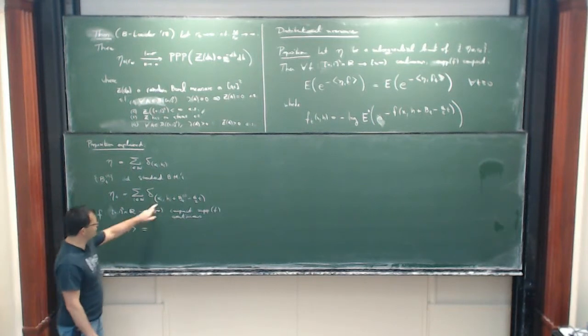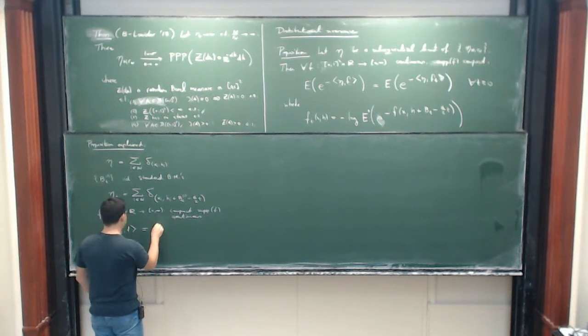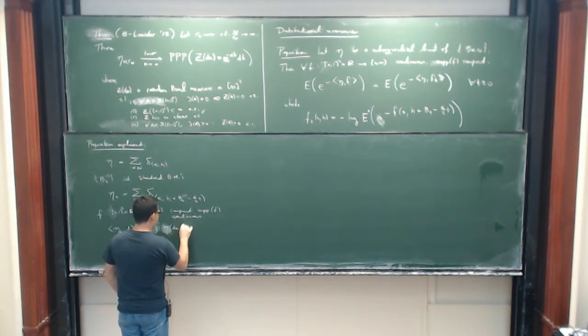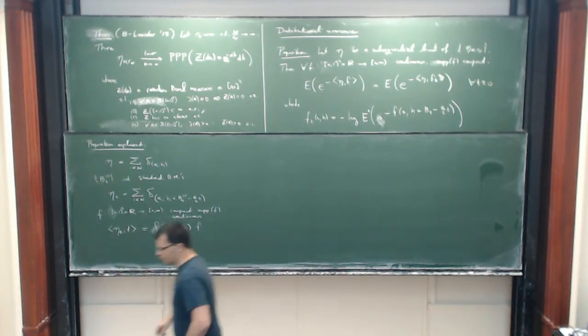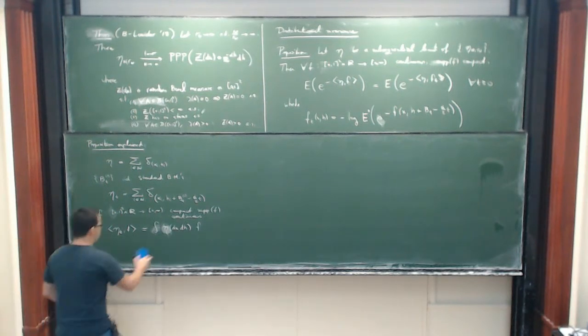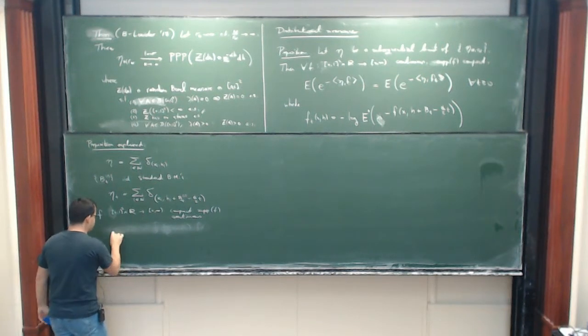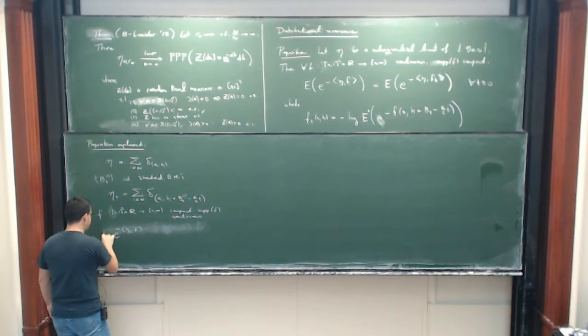Well, I claim that because of this property, this becomes the integral of d eta, eta I should write it as a measure, eta(dx dh), of f. Actually, I want to write it already in the exponential language rather than that. So let me erase this. Right. So let me write the expectation of e to the minus eta_t f, and let me take the expectation with respect to the Brownian motions.